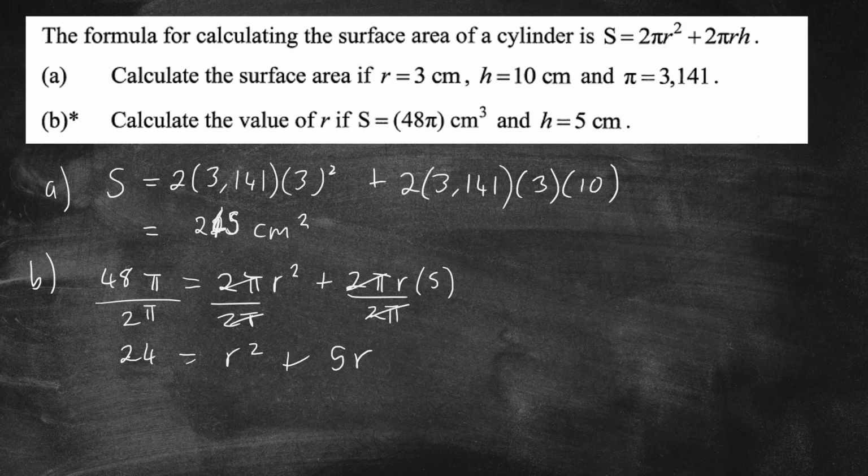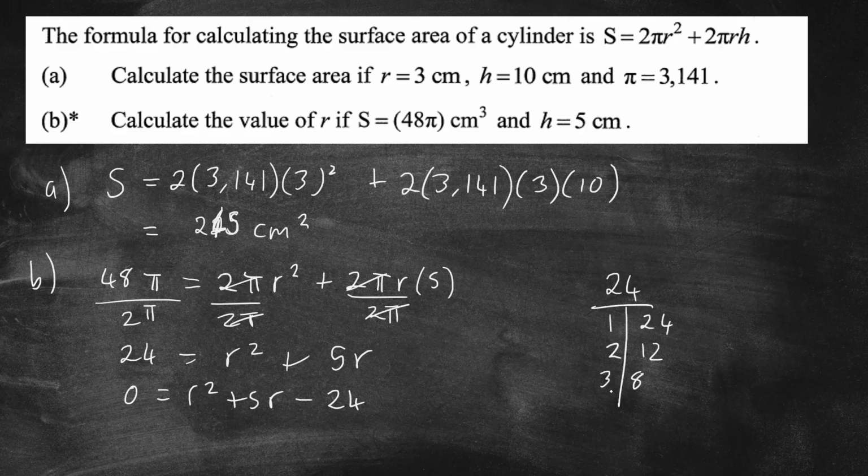So then if we rearrange everything to take everything to one side and put it in standard form, we've got r squared plus 5r minus 24. And then we need to factorize that. So factors of 24, let's look for factors that can give us 5. 3 times 8, yeah, that should give us 5.